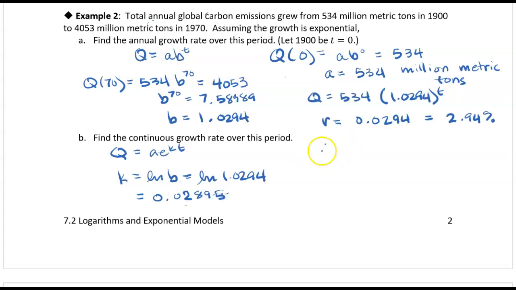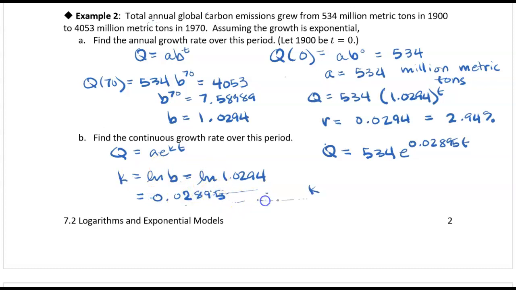So our continuous growth model looks like Q equals 534 e to the 0.02895 t. So K is, well, we've already got that.